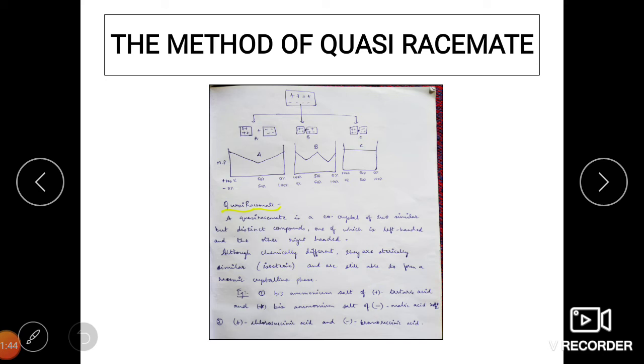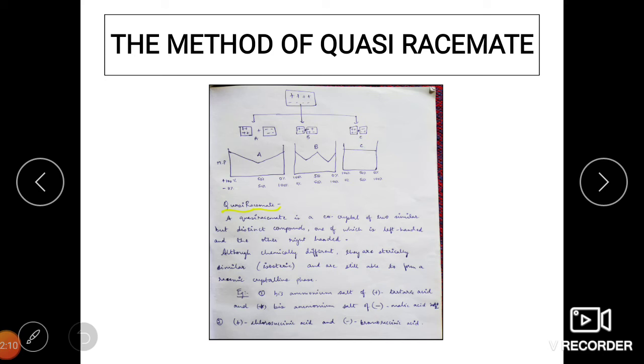Next, moving on to the quasi-racemate. A quasi-racemate is a co-crystal of two similar but distinct compounds, one of which is left-handed and the other right-handed. Although chemically different, they are sterically similar, which is called isosteric in nature, and are still able to form a racemic crystalline phase. An example is the bis ammonium salt of plus tartaric acid and the bis ammonium salt of minus malic acid.